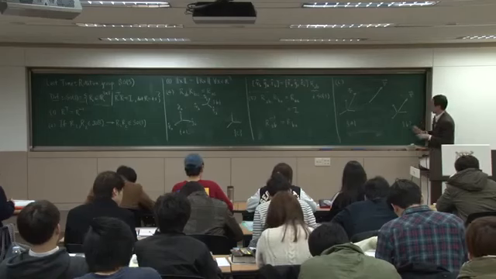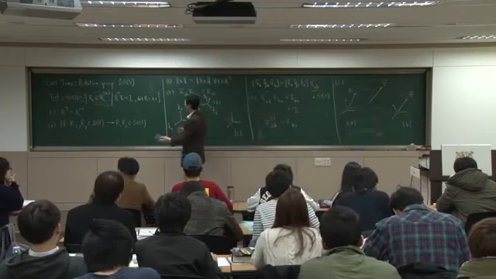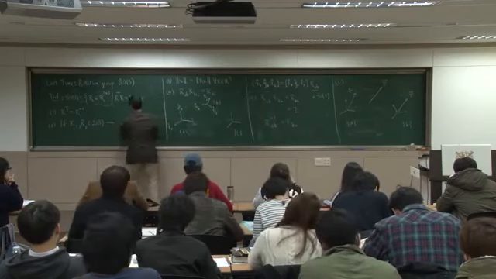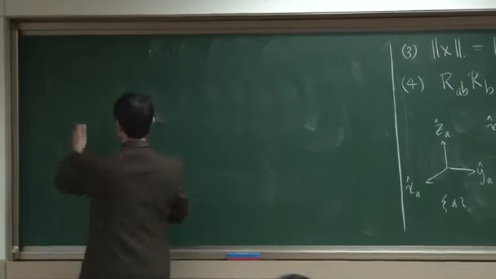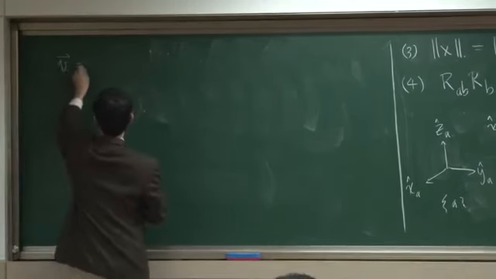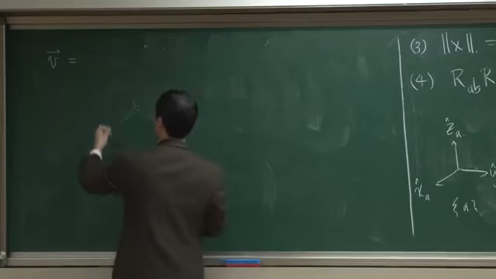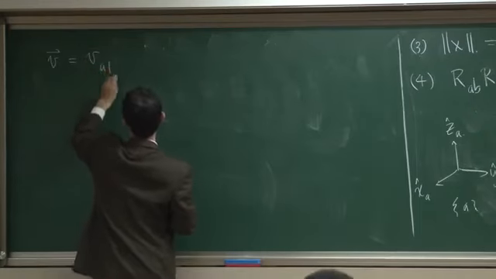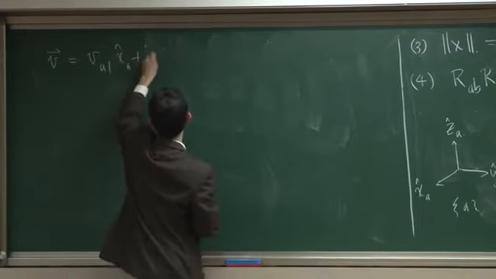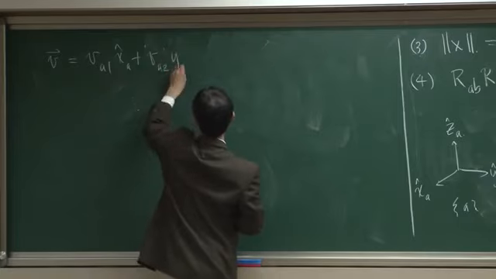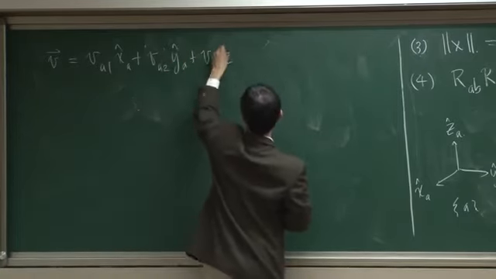Now, if I want to represent this vector using the A and B frame coordinates, I can write the following. V, in terms of the A frame coordinates, is going to be, say, VA1 XA plus VA2 YA plus VA3 ZA.